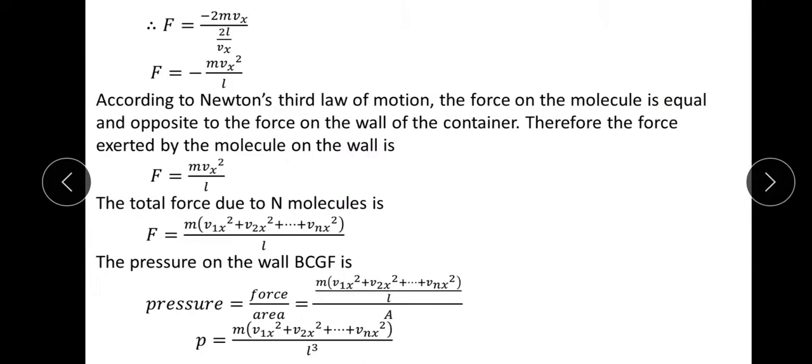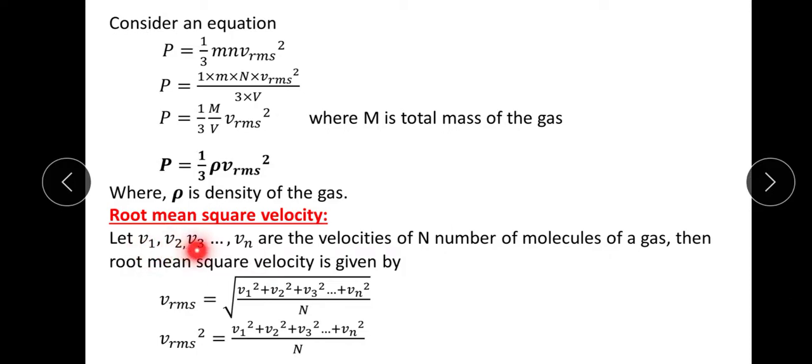So if V1, V2, V3 up to Vn are the velocities of the n molecules in a gas, then the root mean square velocity is written as V RMS is equal to the square root of V1 square plus V2 square plus V3 square up to Vn square, whole divided by n.